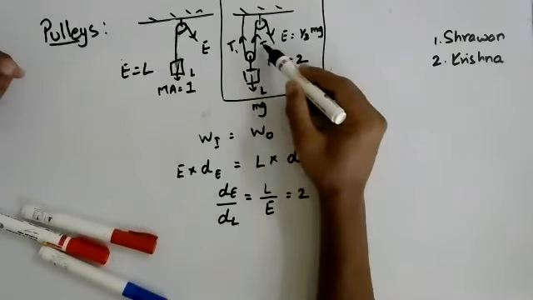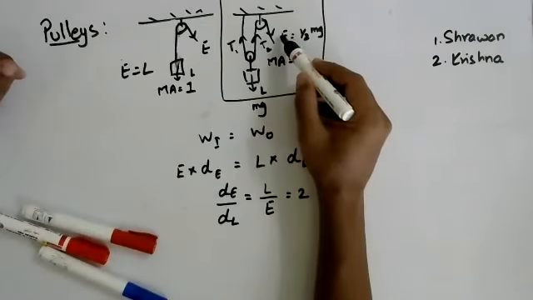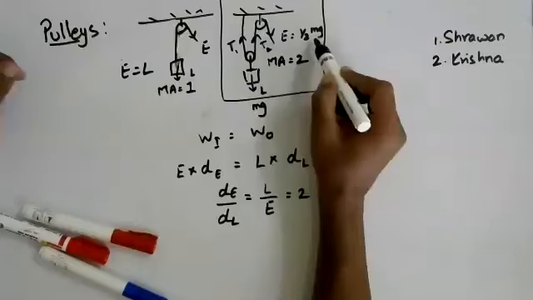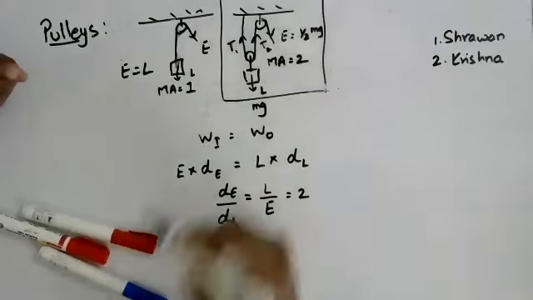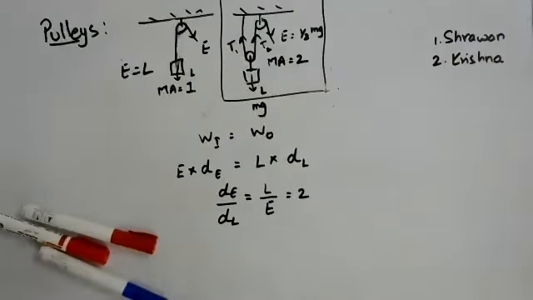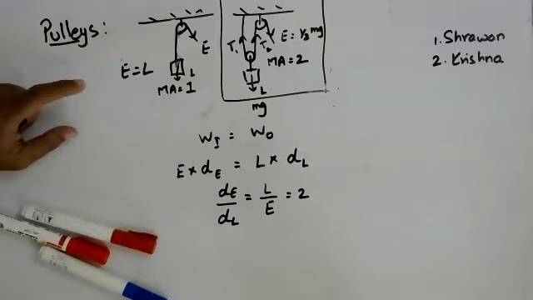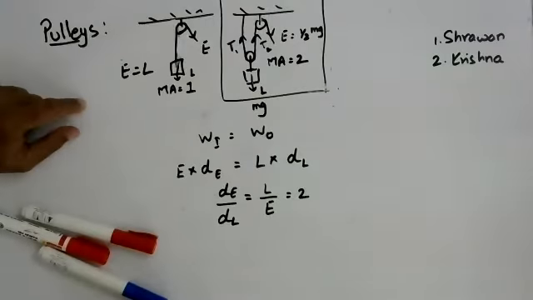So if this T2 is the one that is supported by the effort, then that should be equal to half mg, thereby giving you a mechanical advantage of 2. That's great. By applying an effort half the quantity of the load, you are able to lift the load or balance the load. In this case, balance the load.